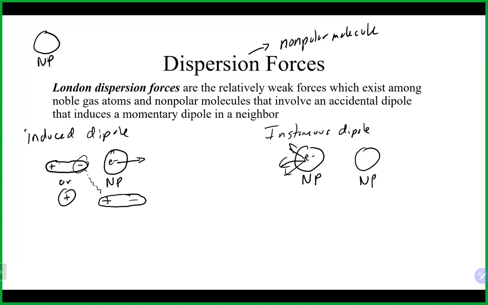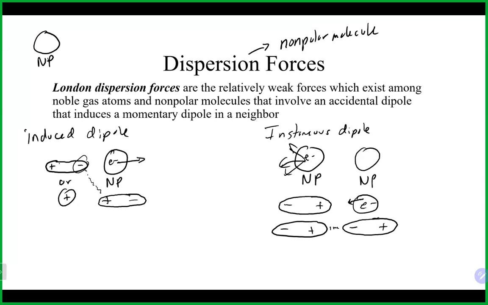If they all decide to vacation together on the left-hand side of the molecule, that is now going to create in this first nonpolar molecule a separation of charge that was not really there to begin with. Now it's next to this other nonpolar molecule, which is going to cause the electrons in this guy to be attracted to that positive side. That's going to cause this second nonpolar molecule that normally doesn't have a charge to now pick up a charge. And now these two normally nonpolar molecules have a way to interact with each other through the positive side of one and the negative side of another.